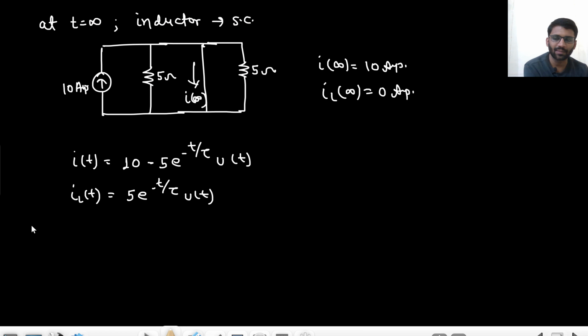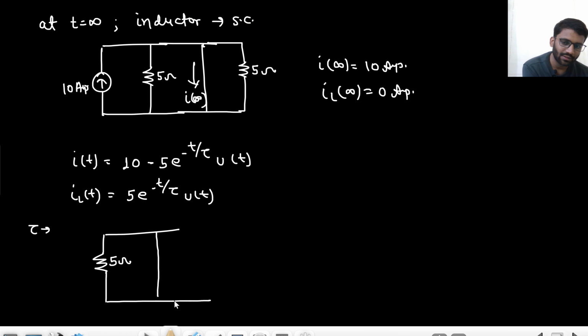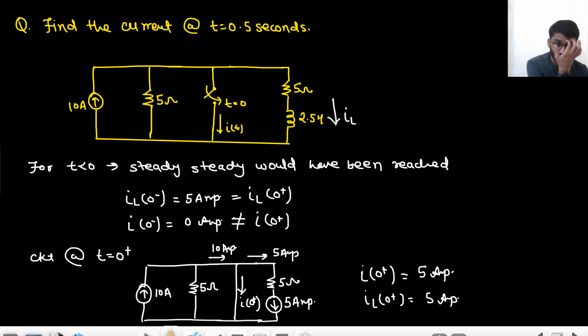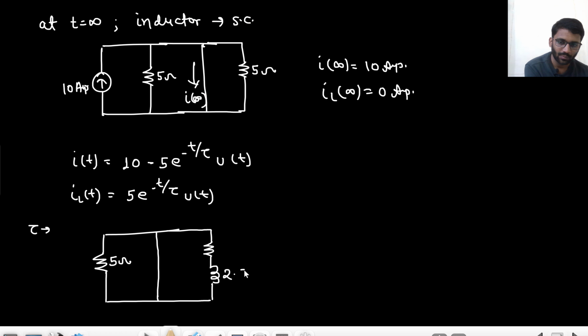Here I am left with a 5 ohm resistance. The switch is closed, that means this is shorted. Now I have a 5 ohm resistance and an inductance of 2.5 Henry.